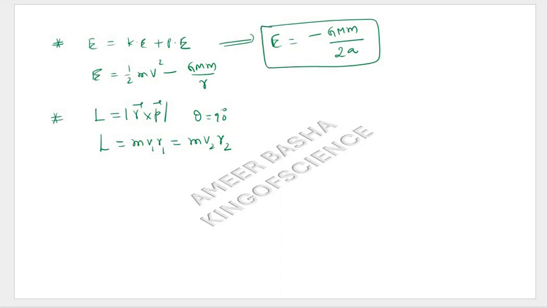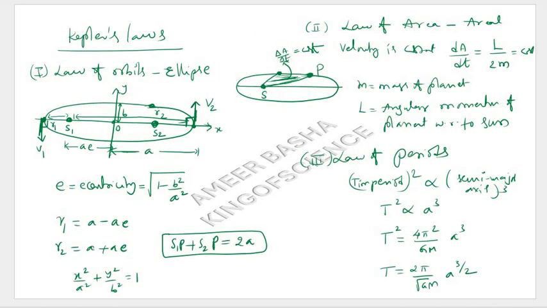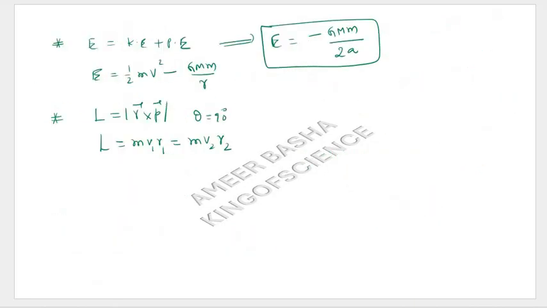Likewise, I can also go for m1 v1, m2 v2. I can calculate v1 at the nearest point, where it will have the velocity square root of GM by a into (1 plus e) divided by (1 minus e).